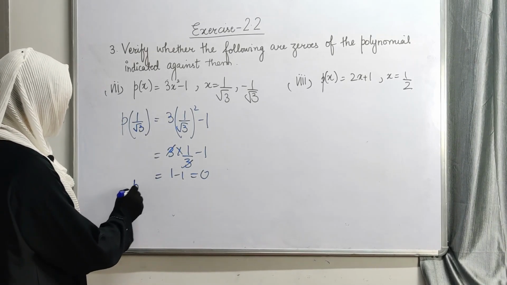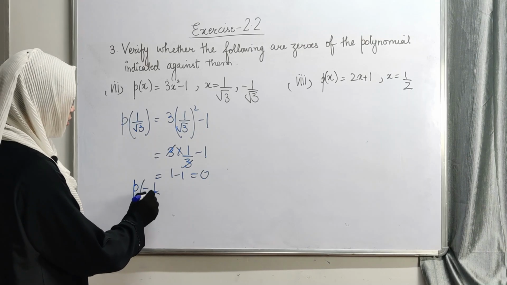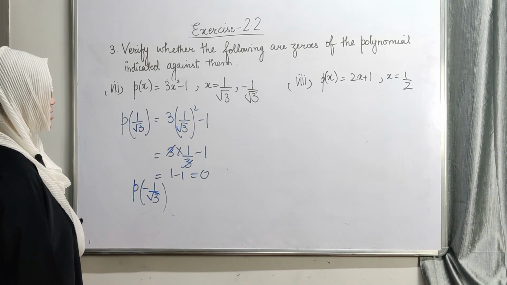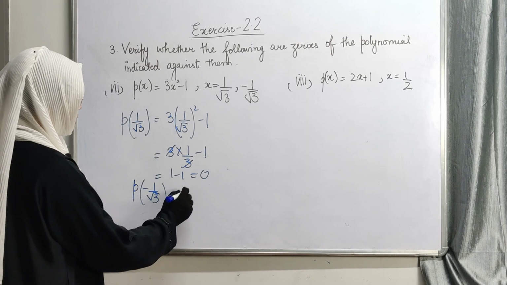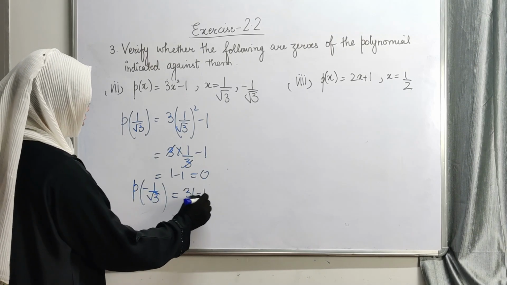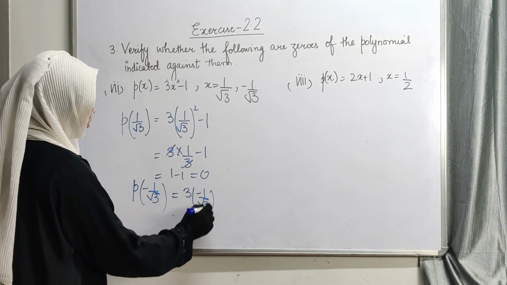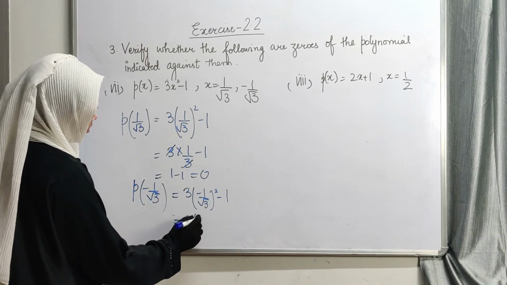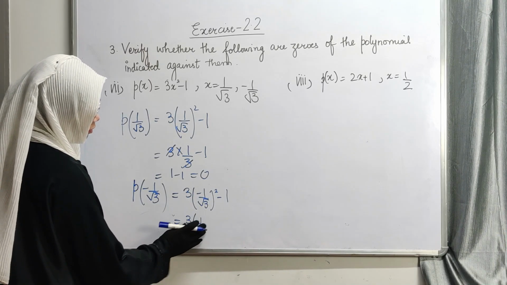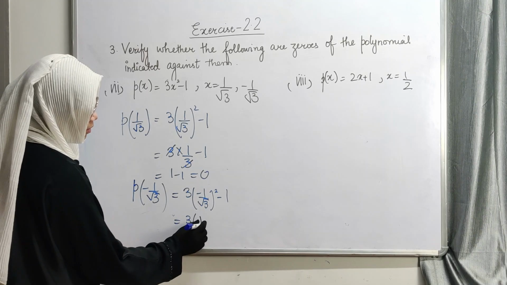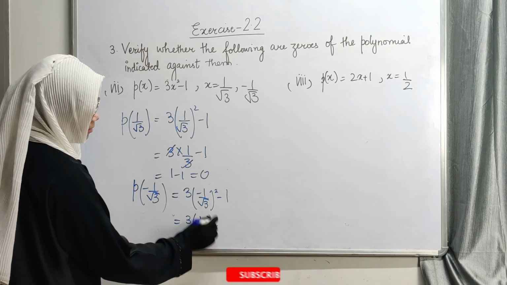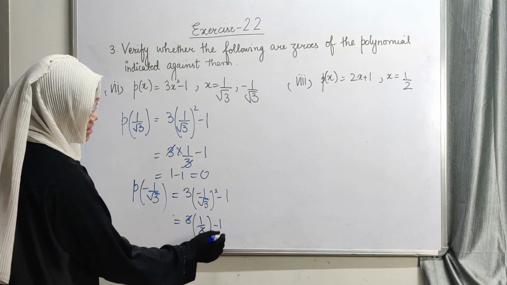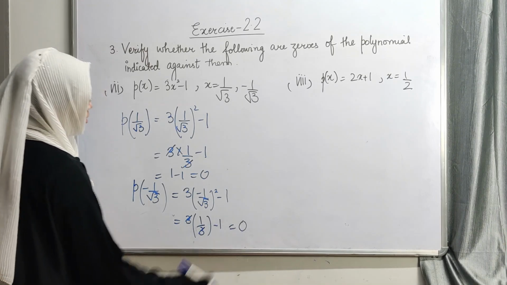Let's find out whether minus 1 upon root 3 is the zero of this polynomial or not. 3 times minus 1 upon root 3 whole square minus 1. 1 upon root 3 into root 3 is 1 upon 3, and minus minus will become plus. 3 cancels and 1 minus 1 is 0.